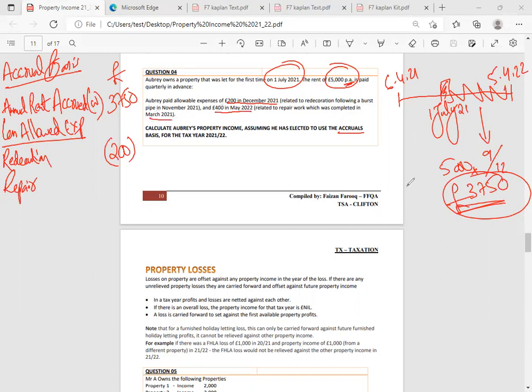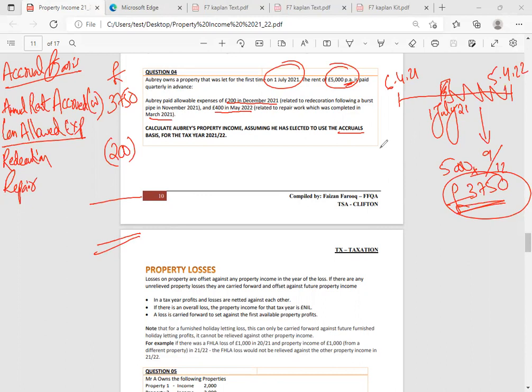This expense was paid in May 22, but the expense relates to March 21. Which basis are we using? Accrual basis. So what do you think?